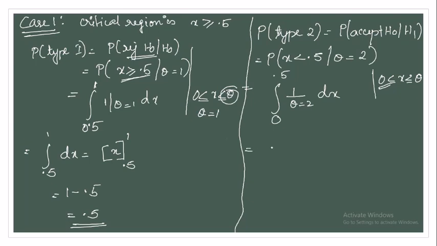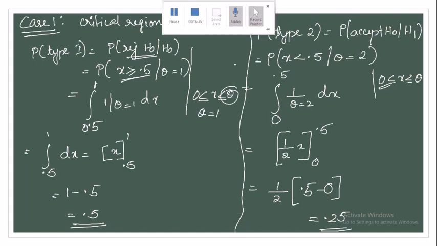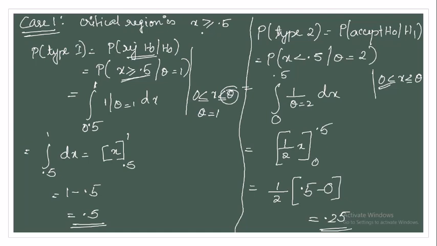This is equal to 1 by 2 x, from 0 to 0.5, which is 1 by 2 into 0.5 minus 0, that is equal to 0.25. So this is your probability of type 2 error when the critical region is x greater than or equal to 0.5.